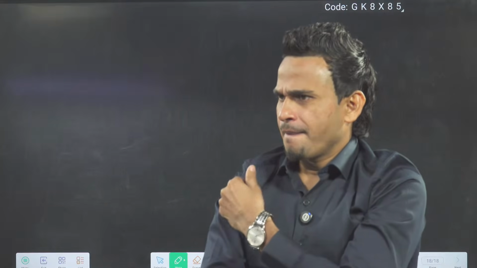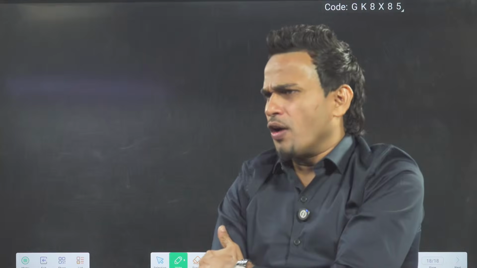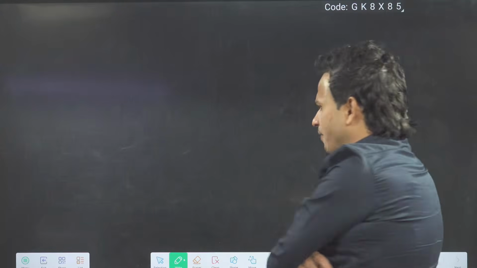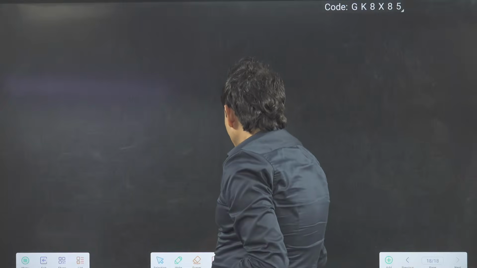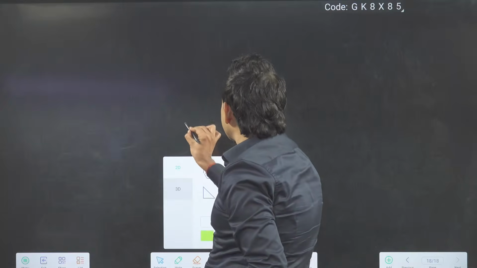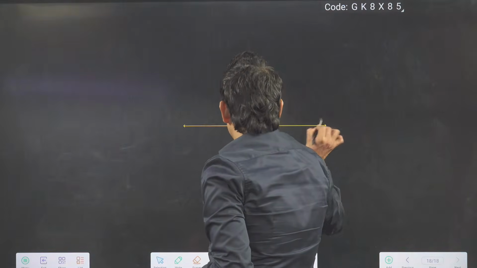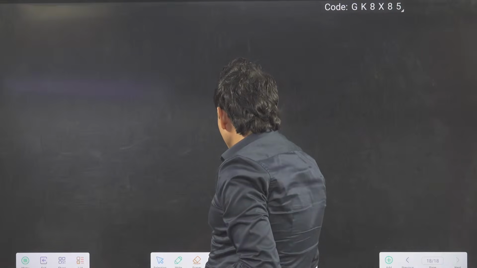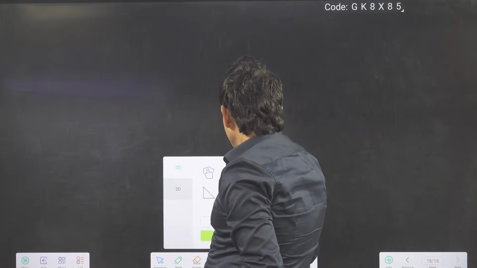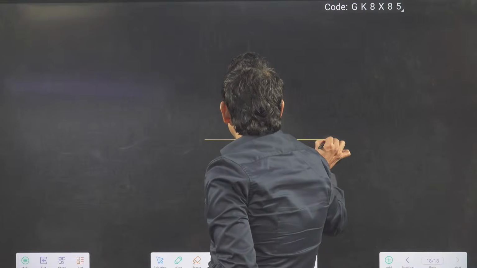Next question. For a particle moving along the x-axis, a velocity-time graph is given.